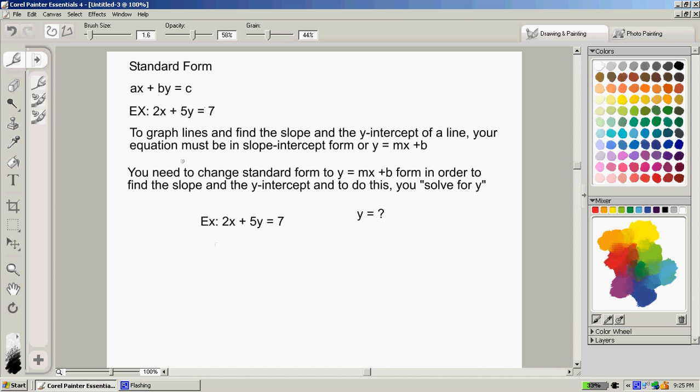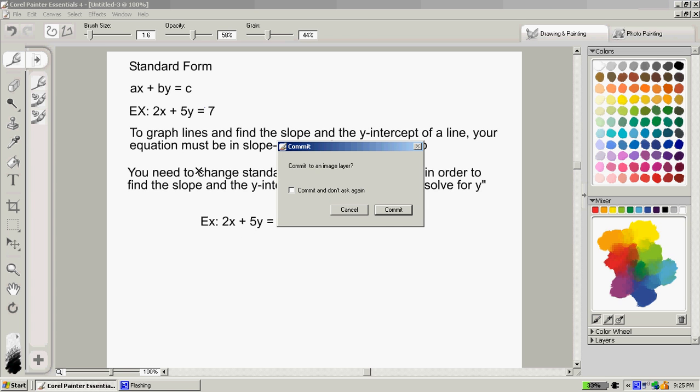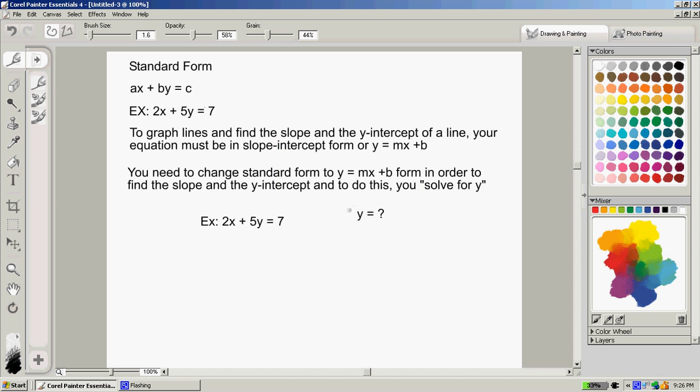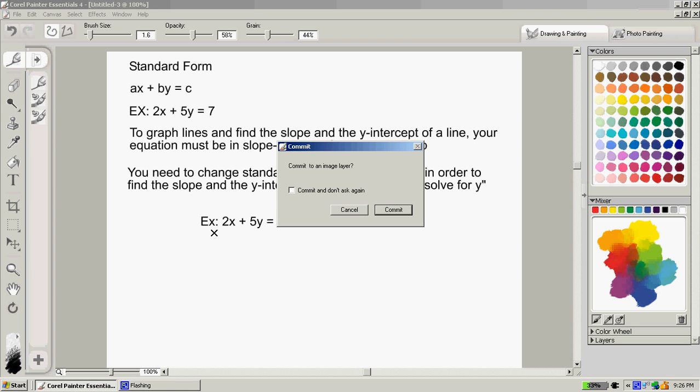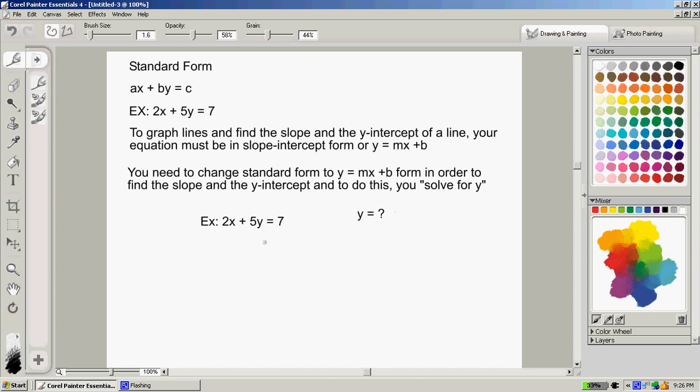Okay, so to solve for y, we need to get rid of the x, right? So to do this, we do minus 2x, and you have to do the same thing to the other side, right?